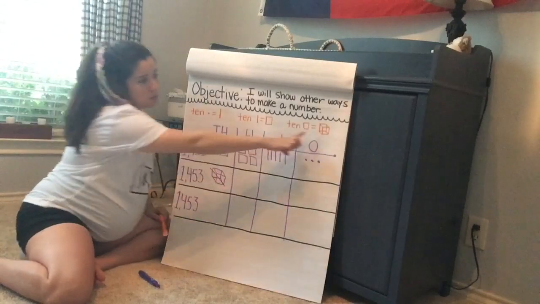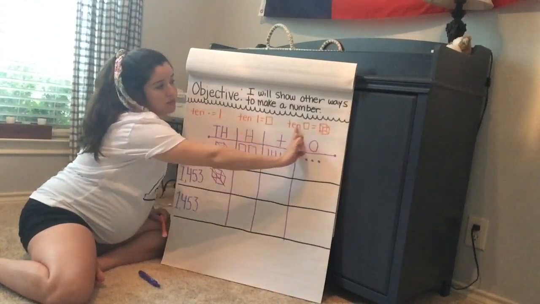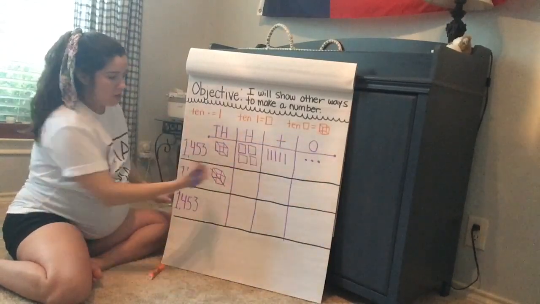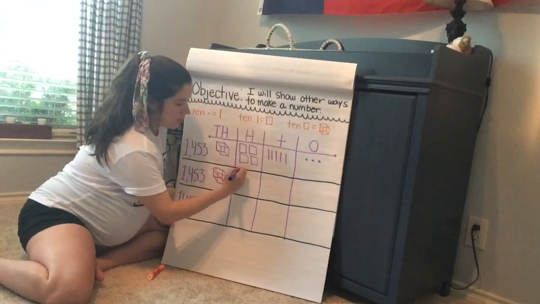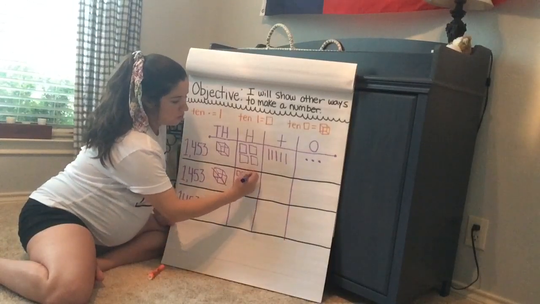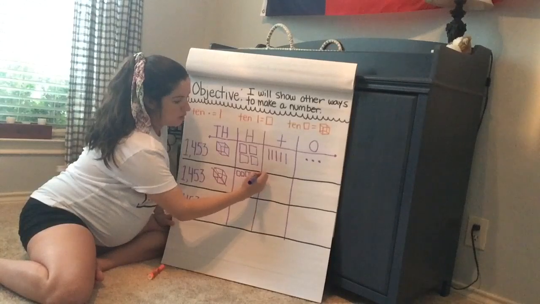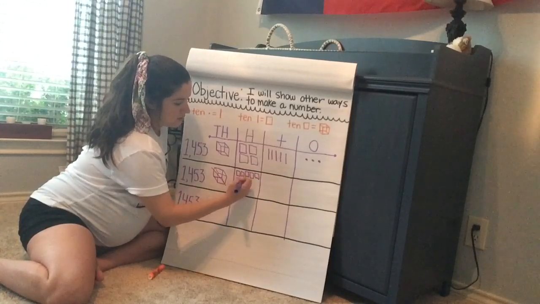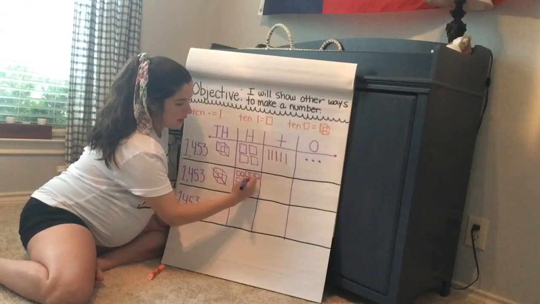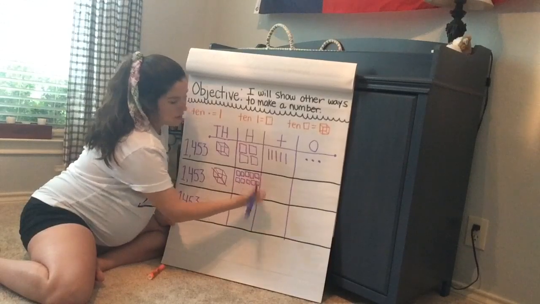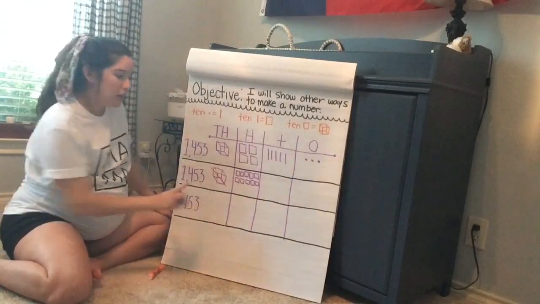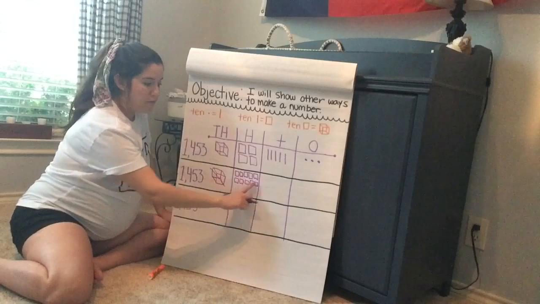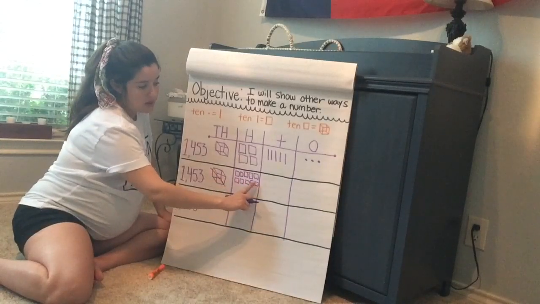And I know 1,000 is equal to 10 hundreds. So, that's what I'm going to go ahead and do. 1, 2, 3, 4, 5, 600, 700, 800, 900, 1,000. Okay, so I've crossed this out and I've built 10 hundreds.